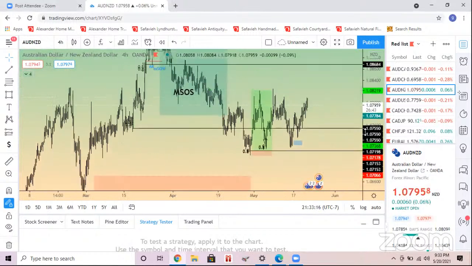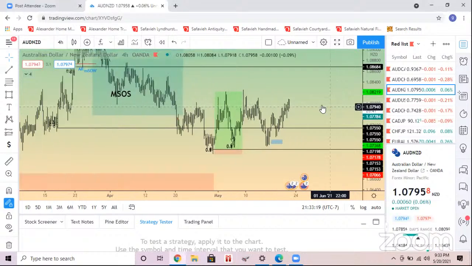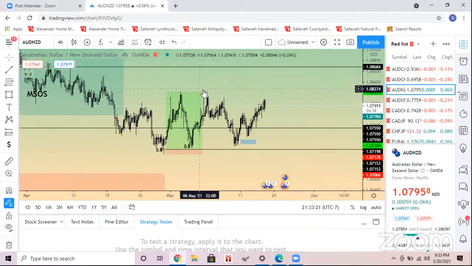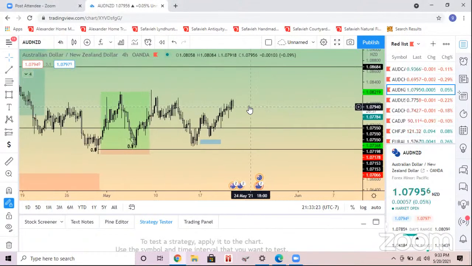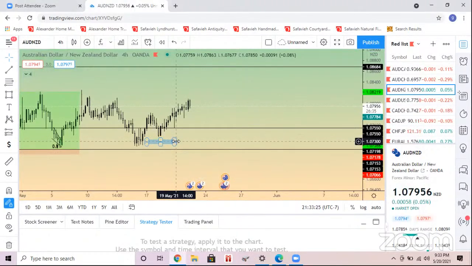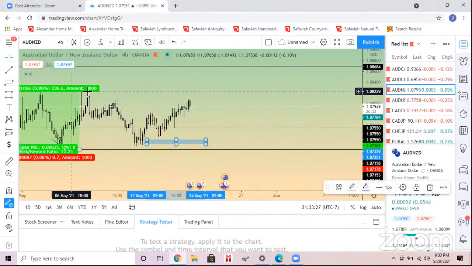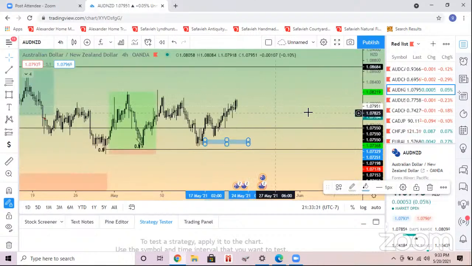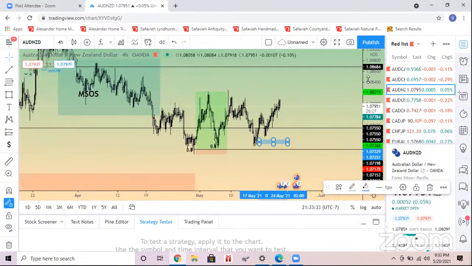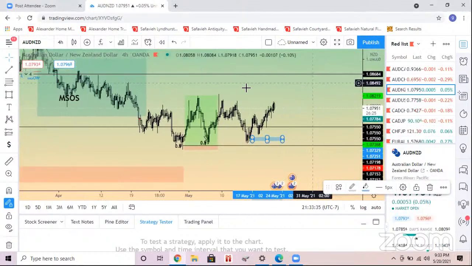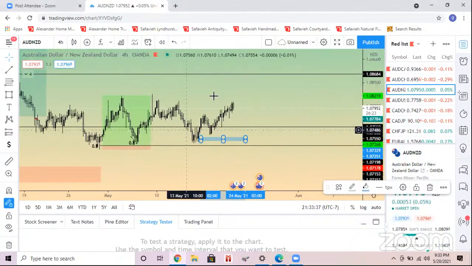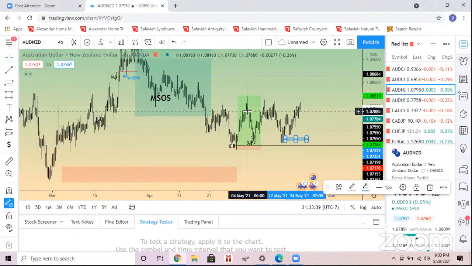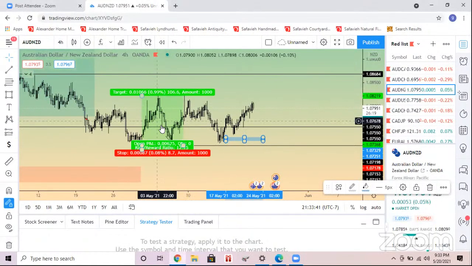So realistically, I want to see this high broken and create a new high. But if not, I mean, we could be looking at a schematic here.